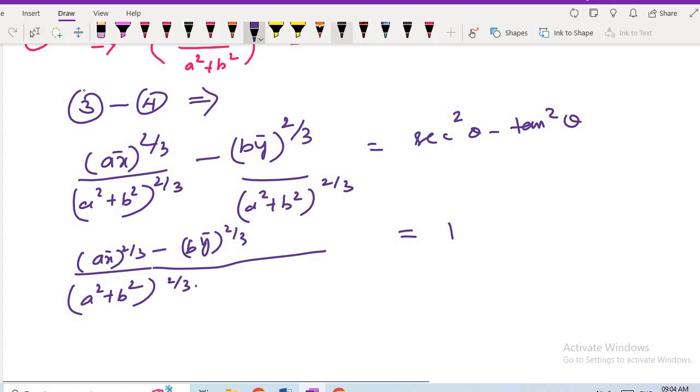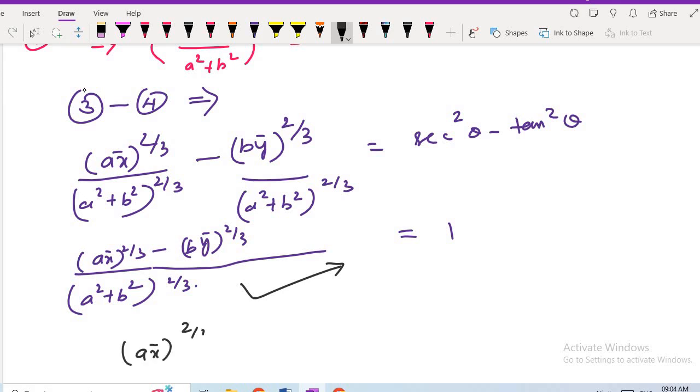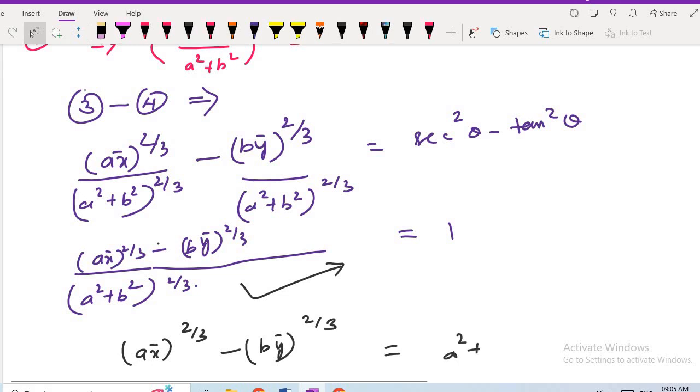Now this term comes to this side. We are getting ax bar power 2 by 3 plus, not plus, here minus, minus by bar power 2 by 3, which is equal to a square plus b square power 2 by 3.